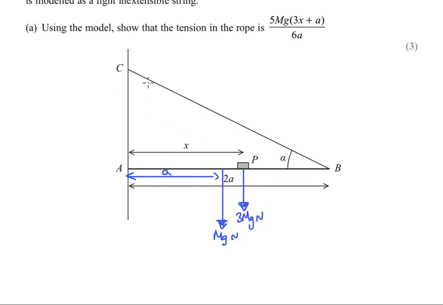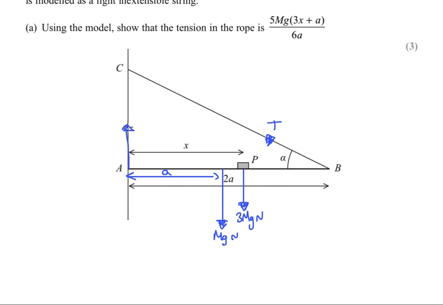We also have a rope here that's connecting C to B, that's connected to the wall and is being pulled this way to keep the plank in place, which means there's tension in that rope acting towards the wall. I've lost my friction.